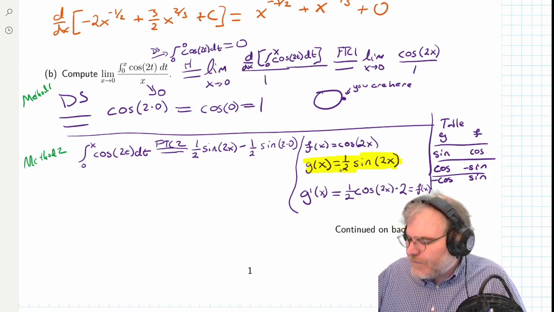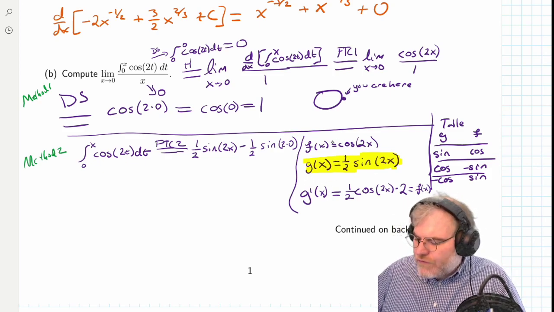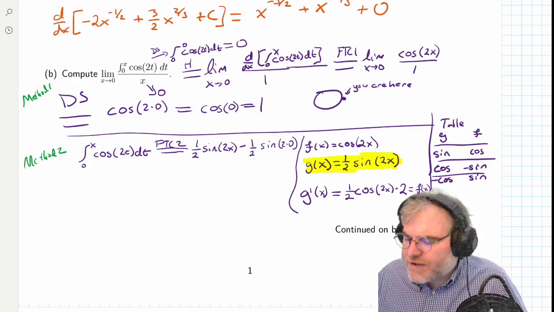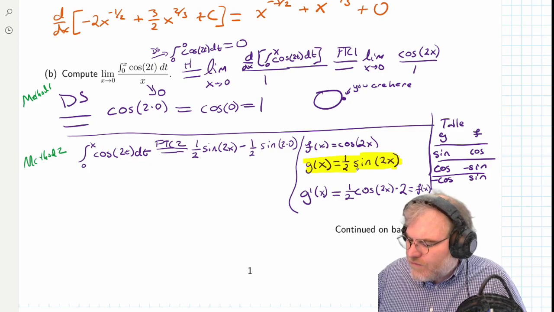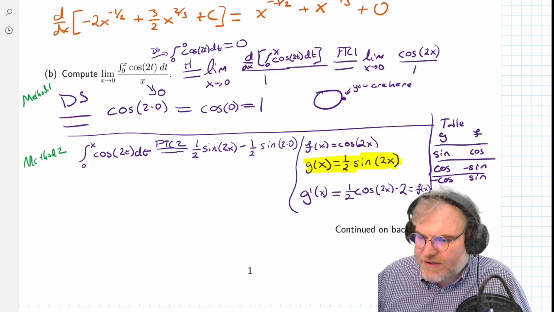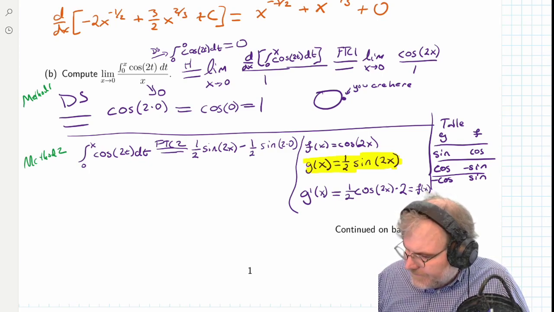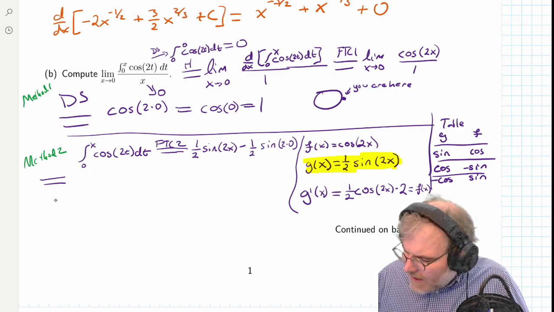Some people I noticed on some of your quizzes keep using f, or after doing all this work, you use the wrong equation. So one way to stop doing that is to take your test with a highlighter and highlight the g of x that you're actually using. All right. So now what I've got, and this just equals 1/2 sine of 2x.